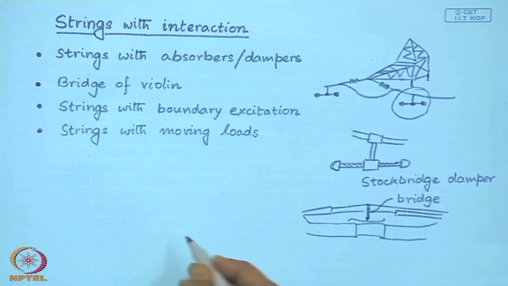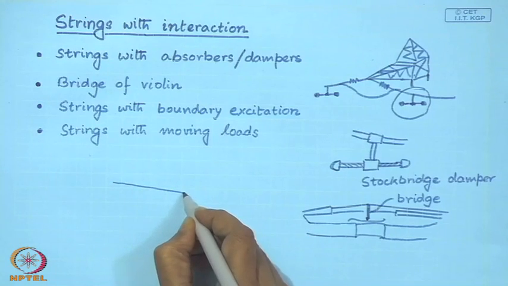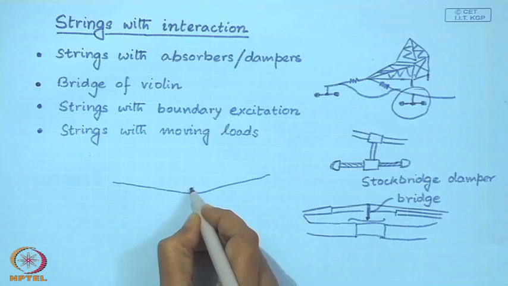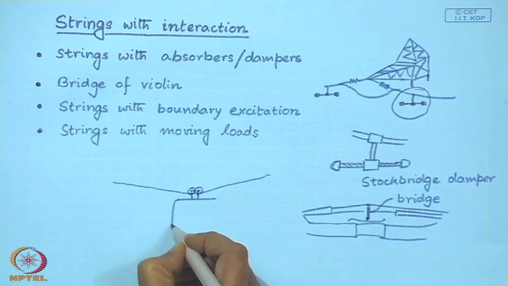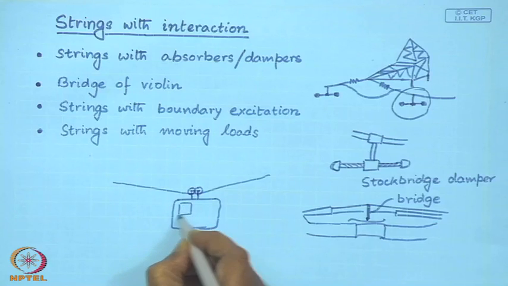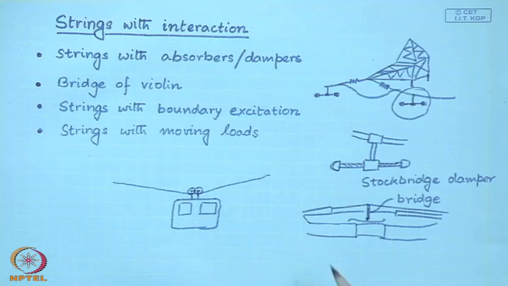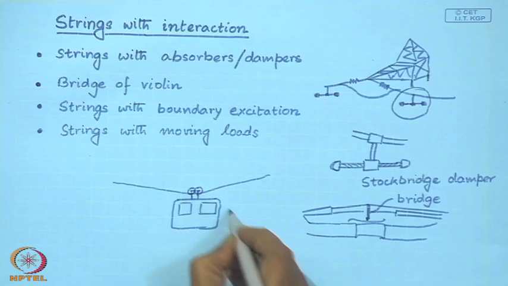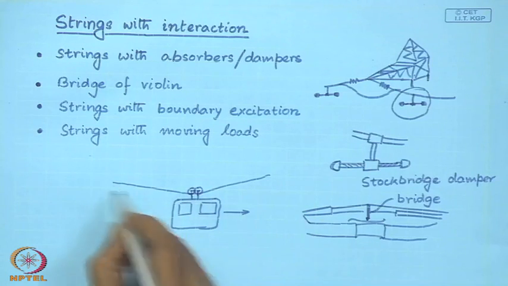A typical example would be a cable car, something like this. Here this cable car will be moving on a taut string.